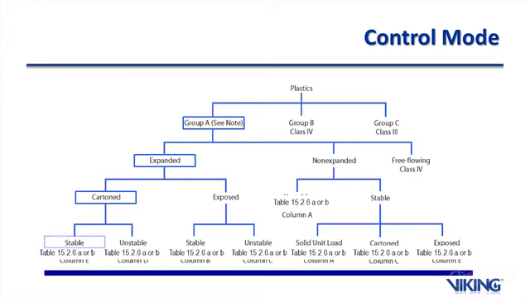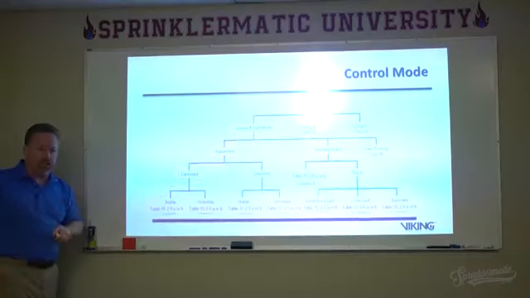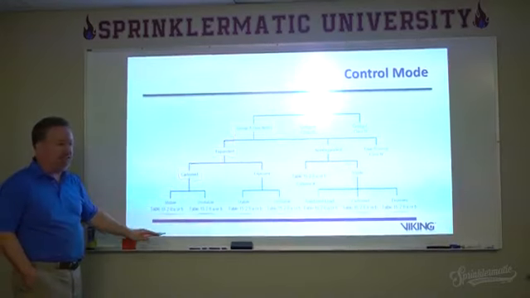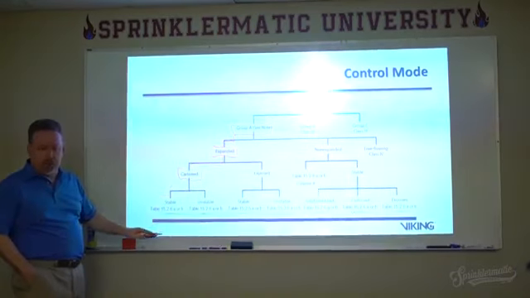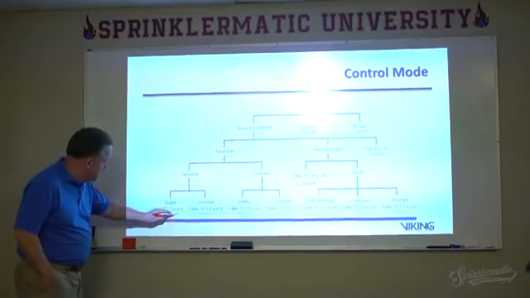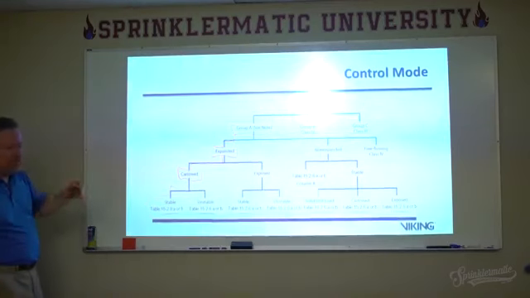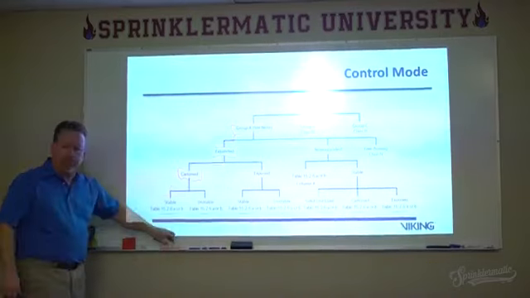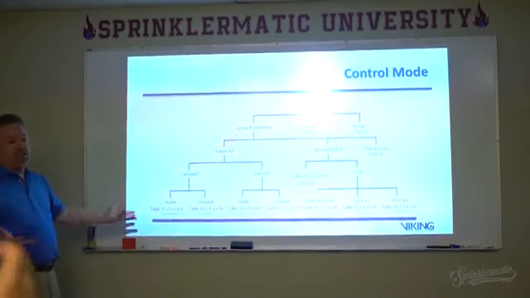It's stable. The design criteria, therefore, for this particular control mode protection of Group A plastics in a pile storage is found in Table 15.2.6, A or B, depending on your approach. That's the decision tree.